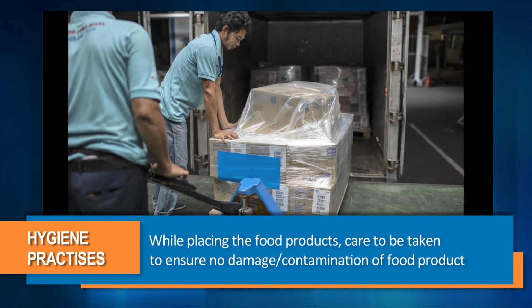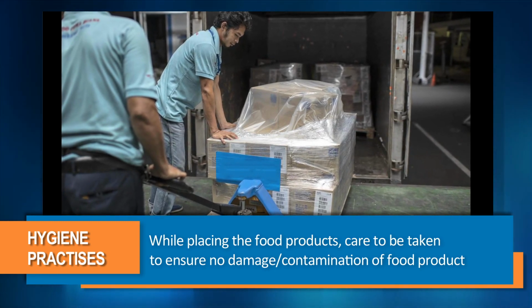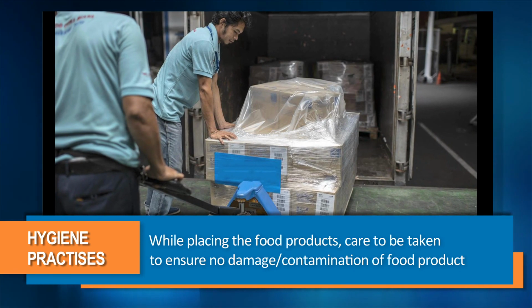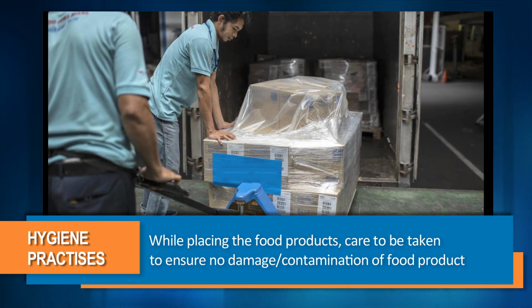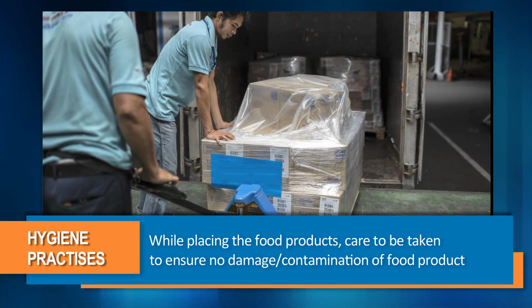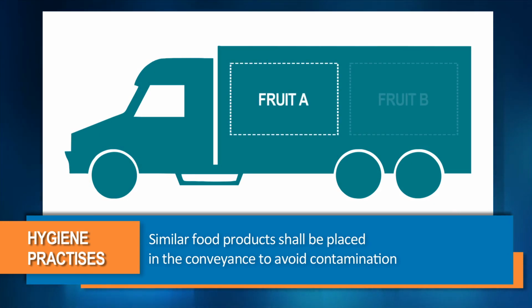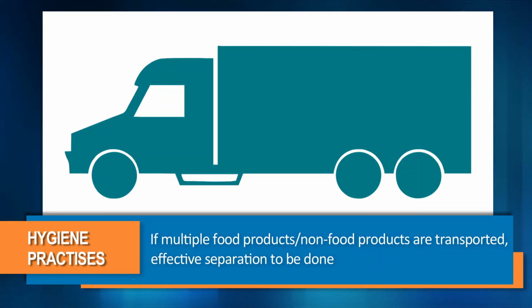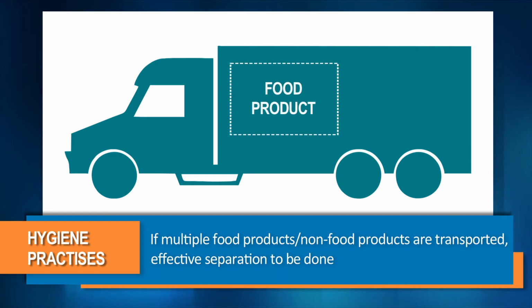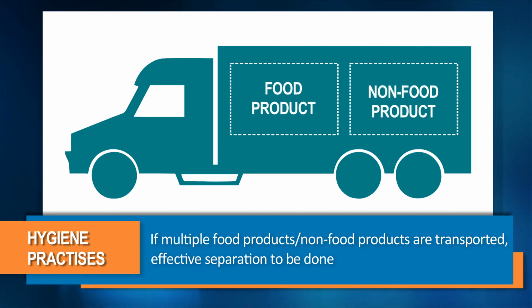While placing the food products, care shall be taken to ensure no damage or contamination of the food product. Ideally, similar food products shall be placed in the conveyance to avoid contamination. However, if multiple food products or non-food products are transported, effective separation shall be done.